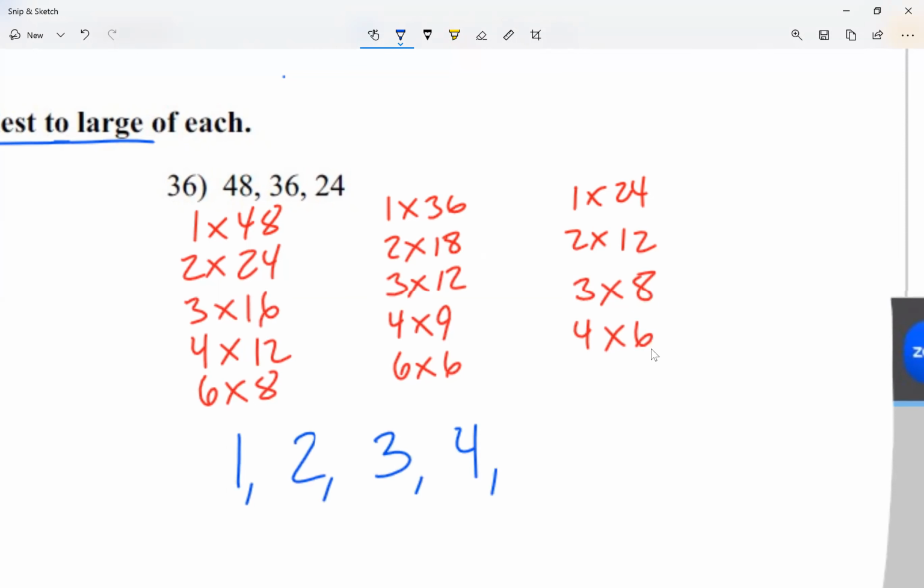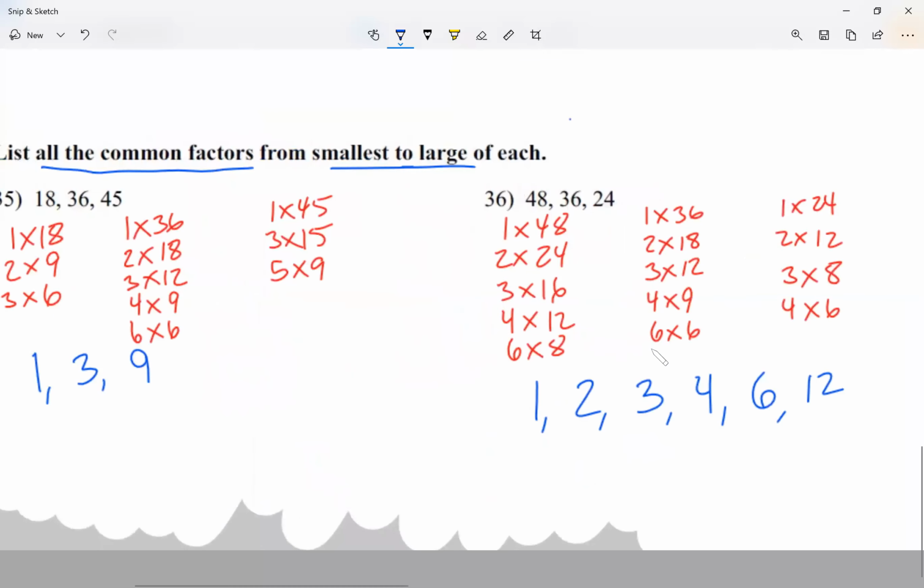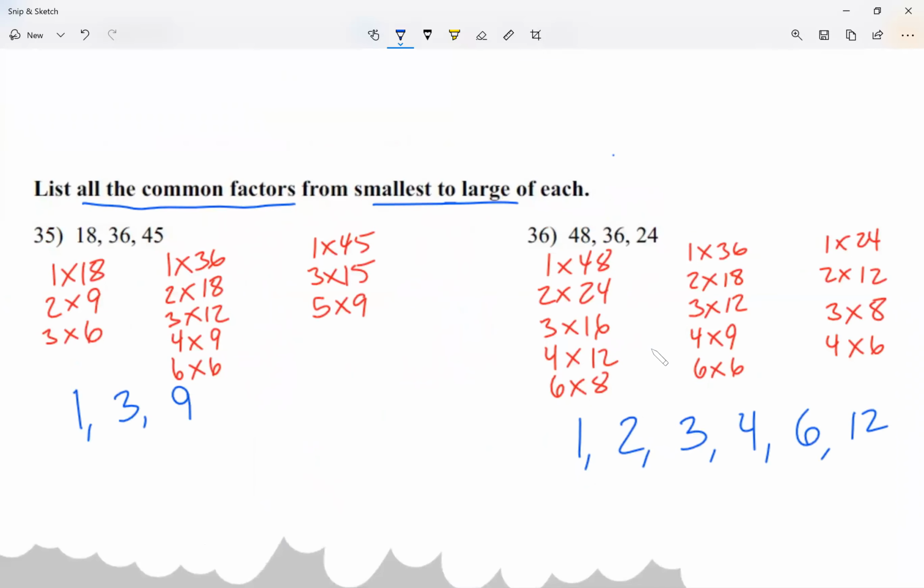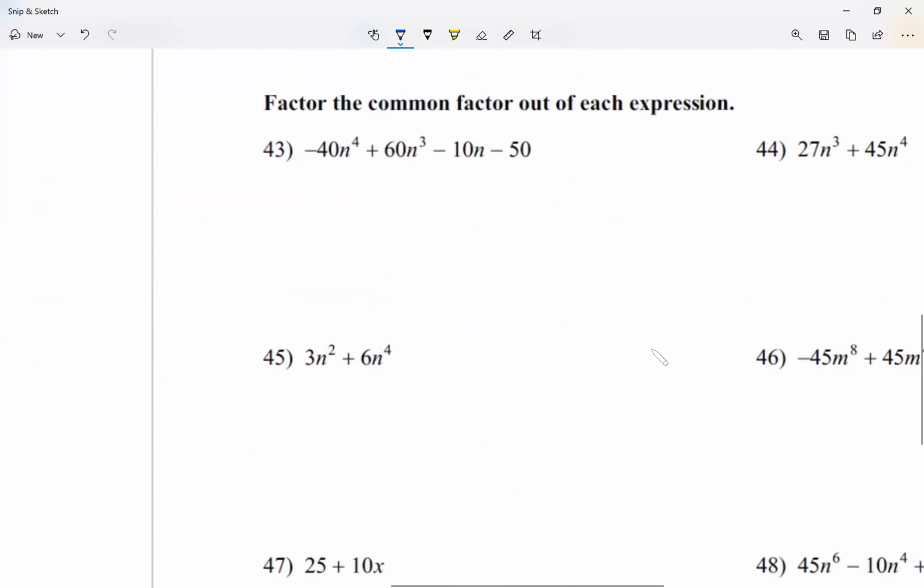I see 4. 6 is also a common factor. 12. And that's it. I don't see another common factor. Don't forget on your list, there's a comma in between numbers. Don't forget a space after each comma. I know we saw factors last week, but I don't want you to forget them, so we're going to do them still.